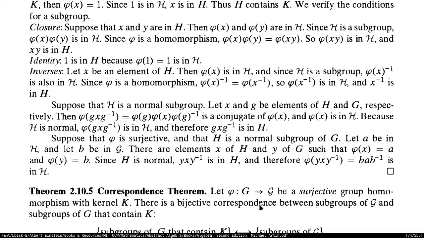If curly H is normal, you can transfer the conjugates with the help of the homomorphism into H, and you'll have the conjugates there, thus making it normal. So the proof is pretty straightforward, but the proposition is kind of important. If you have a homomorphism and normal subgroups, they work nicely.